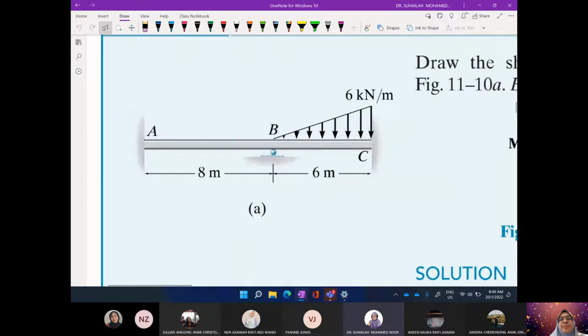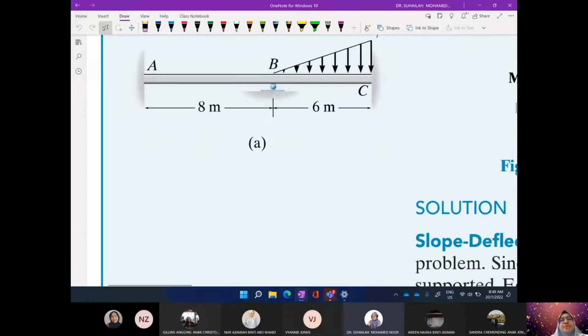So this is the diagram. There are two members like this.